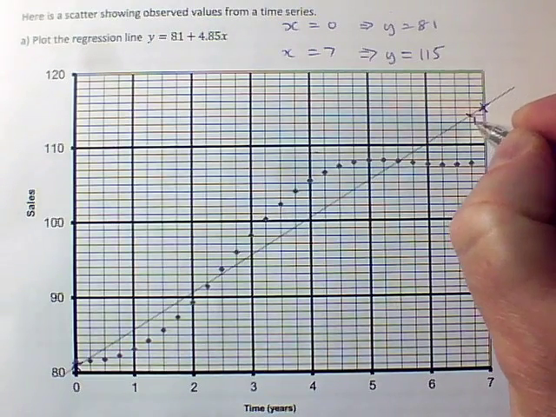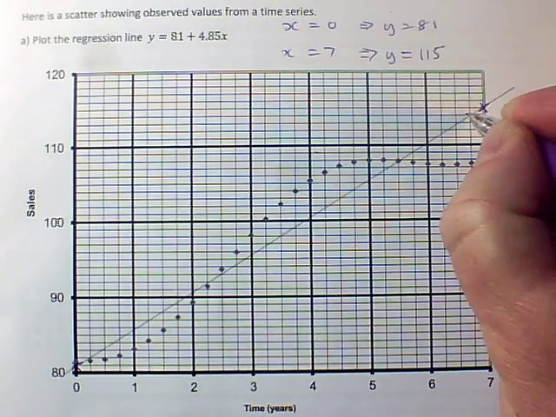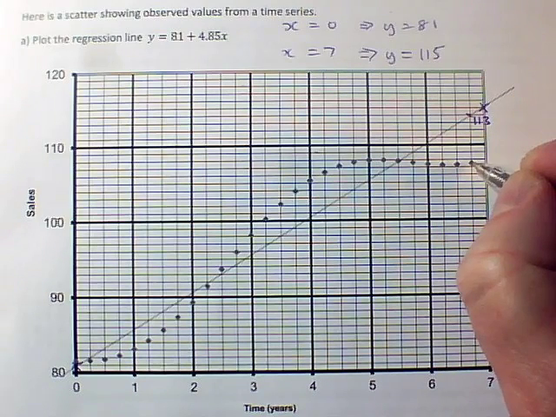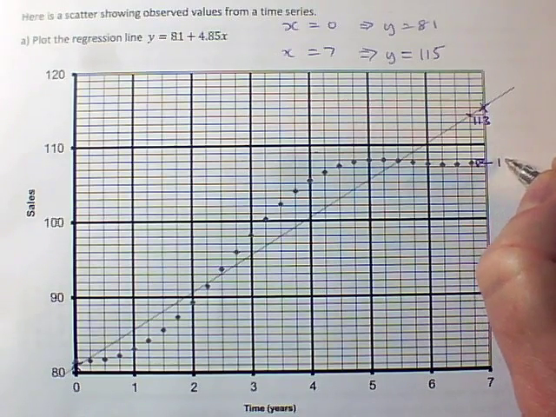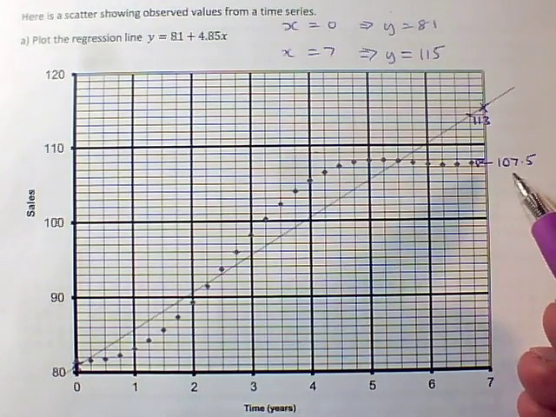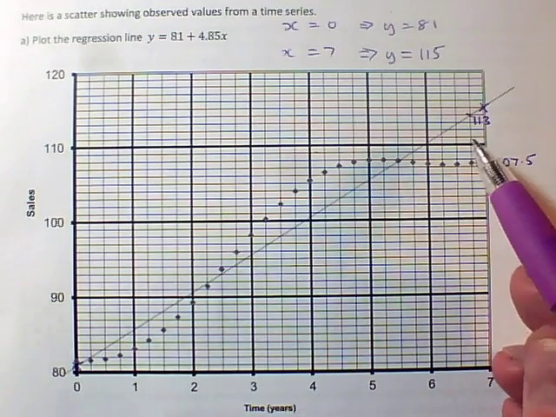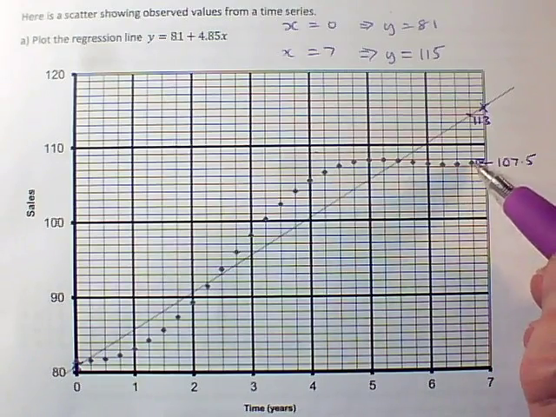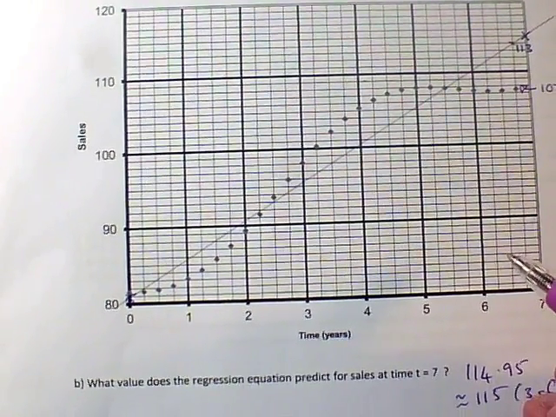So the trend line point was 113, and this one here looks like it's halfway between 107 and 108. So this looks like 107.5. So I've got a nearby residual of 107.5 minus, so it's always actual value minus estimated value or predicted value.